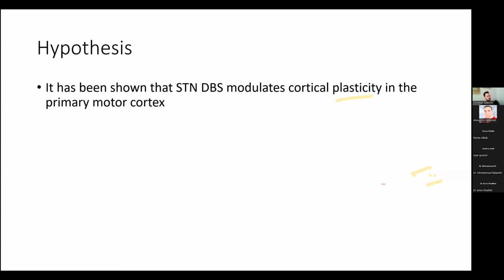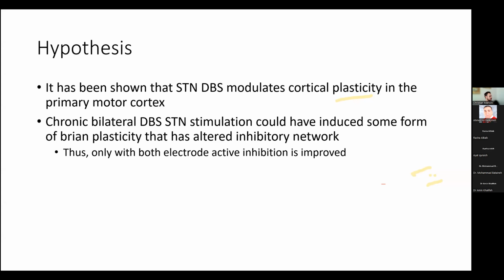So it could be that what we have seen before is just an effect of cortical plasticity. In other words, chronic bilateral stimulation of the subthalamic nuclei could have induced some form of brain plasticity that has altered inhibitory control.